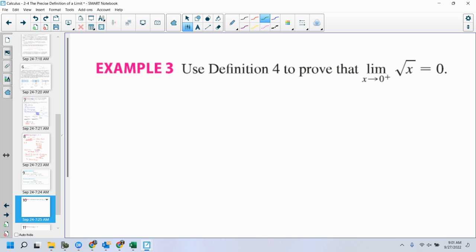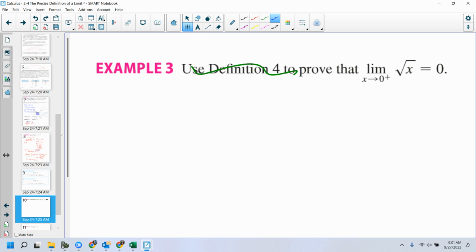Use definition 4 to prove that the limit as x goes to 0 positively of square root of x is actually 0. Okay. Which makes sense, right? If I think about my square root function, the closer and closer I get to 0 on my x, the closer and closer I get to 0 on my y.